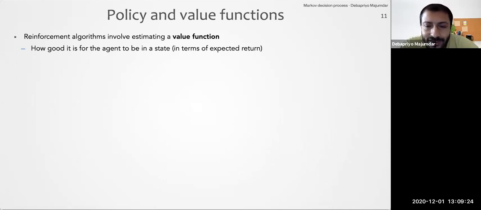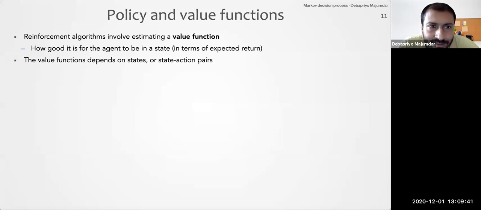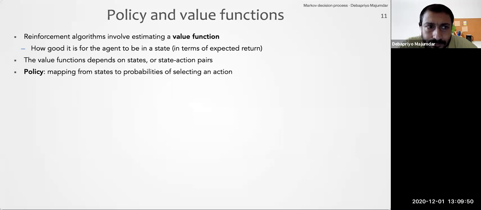Good means, should I be in this state? Well, if being in this state is beneficial for me in the long run, or whatever way we have discounted the future, then yes. Now, value functions depend on states or state-action pairs. It can depend only on state, or on state and action. And a policy is a mapping from states to probabilities of selecting an action.